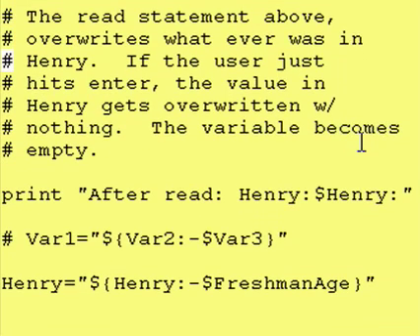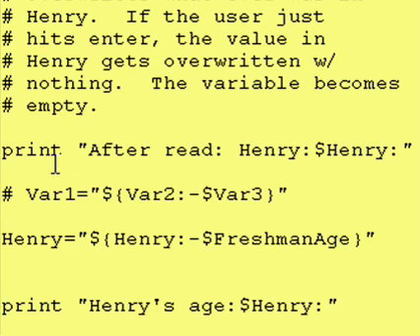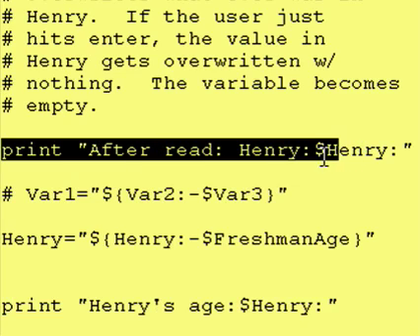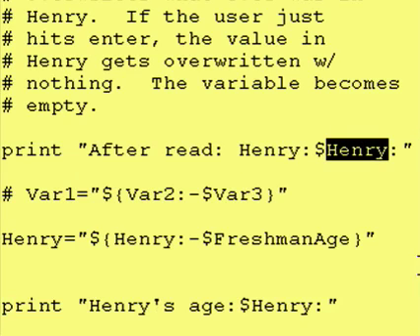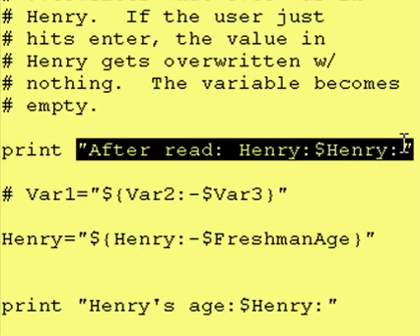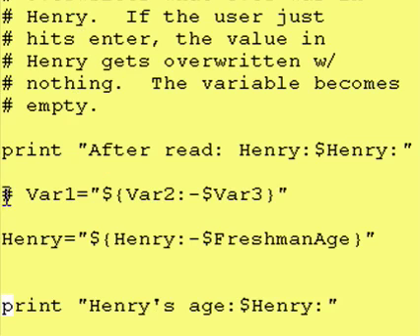We will test to see if Henry is empty, and if the variable is empty, then we're going to assign something to it. So here's what we do. We print what the value in the variable Henry is after the read statement, just so we have it clear. And here's where the magic comes in.